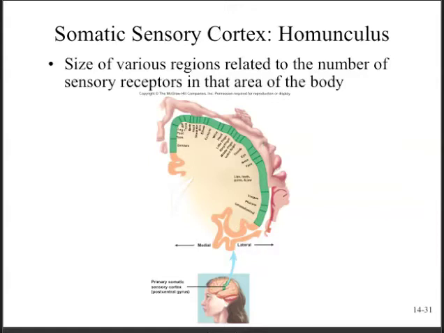This is where we initially receive stimulus and we assign categories to it when we route this information to the somatosensory association area, which is just behind the somatosensory cortex in the parietal lobe.